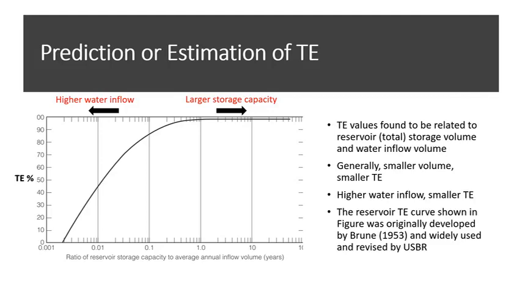Now, if you look at the right side, generally the larger the storage capacity of the reservoir, the higher the trap efficiency. So you can imagine a big dam with a relatively low inflow rate of water. A big dam with relatively stagnant water can trap a lot of sediments, hence the high trap efficiency.